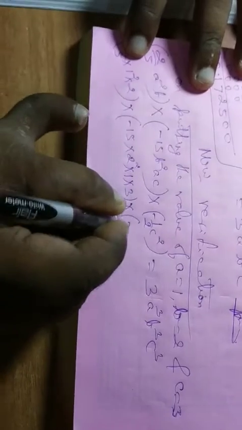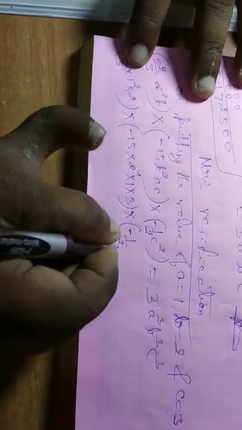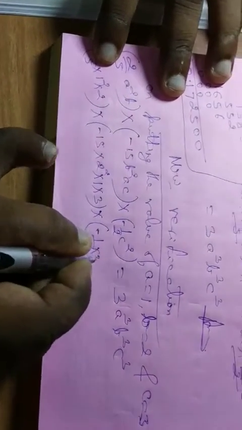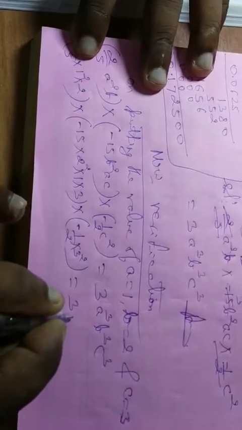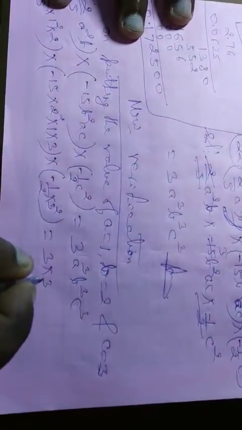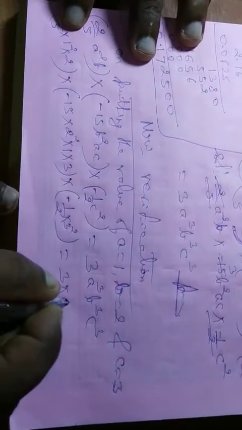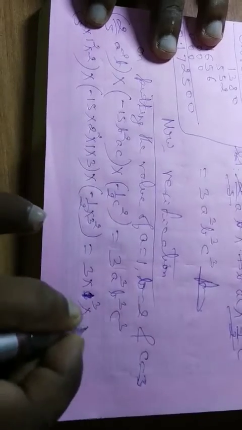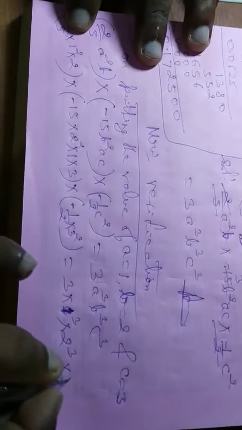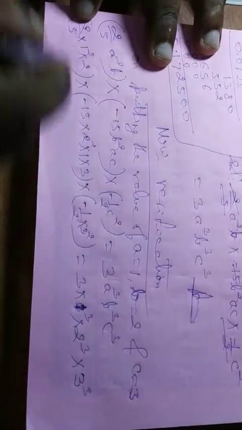And the value of c is 3 square. On RHS, 1 cube into 2 cube into 3 cube.